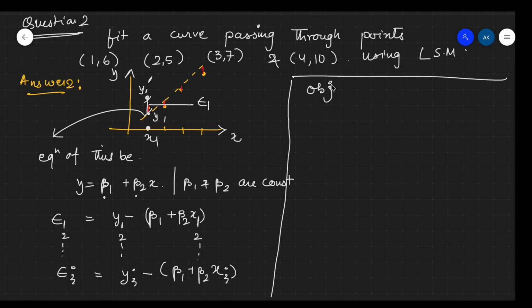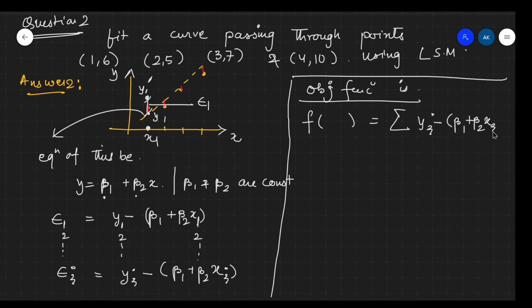So our objective function is the square of error, meaning the summation of (yi minus (beta 1 plus beta 2 xi)) whole squared, where i varies from 1 to 4 and the parameters are beta 1, beta 2. Fine. So what do you mean by this?